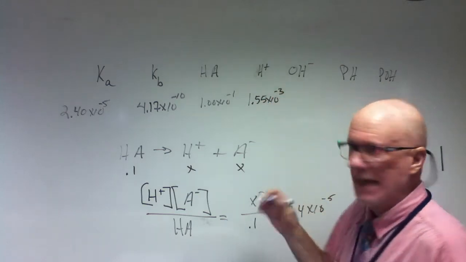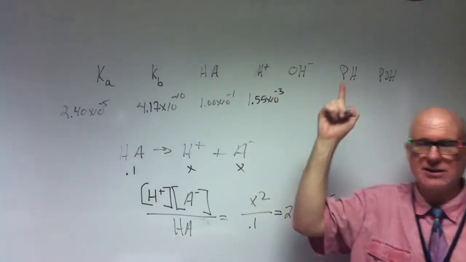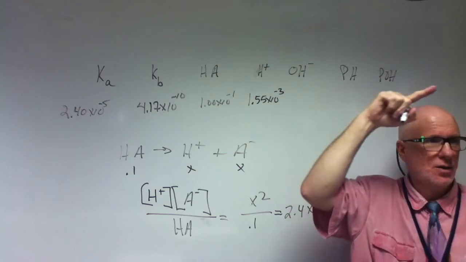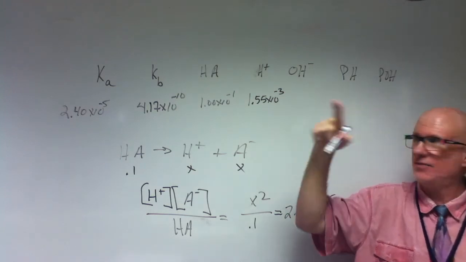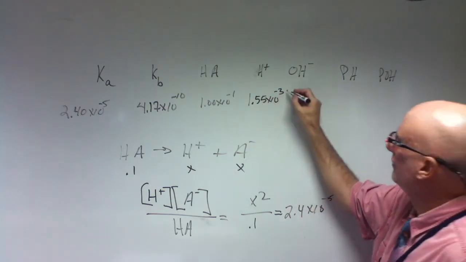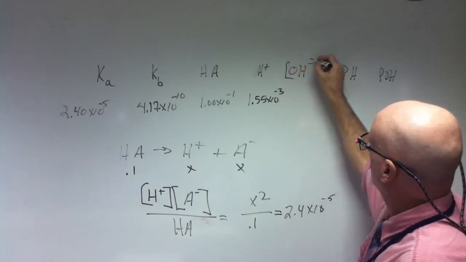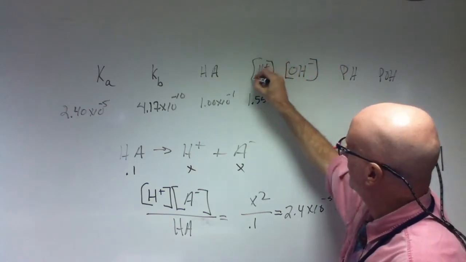1.55 times 10 to the negative 3. All right, now, so then you're going to say, to get the OH, you're going to say what? 1 times 10 to the negative 14 divided by that, which is what? So I don't have to keep putting brackets around everything, right?